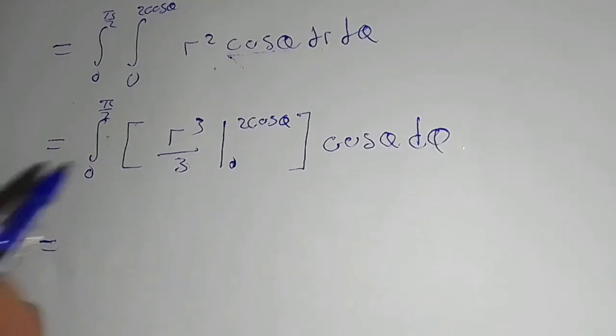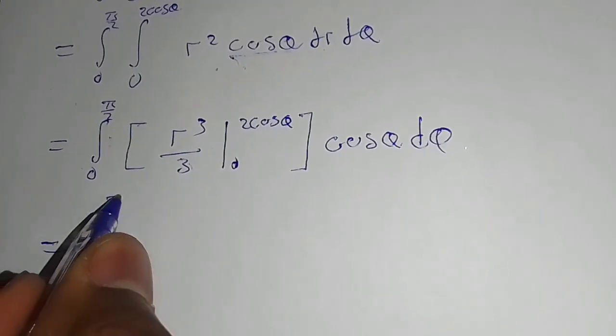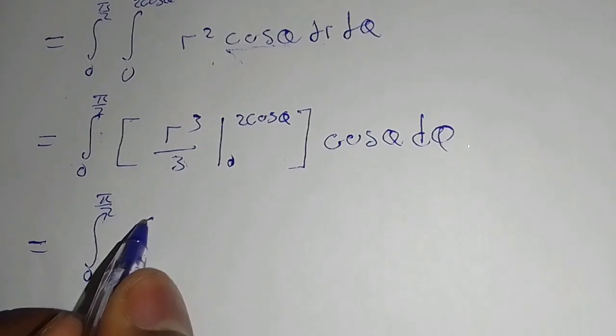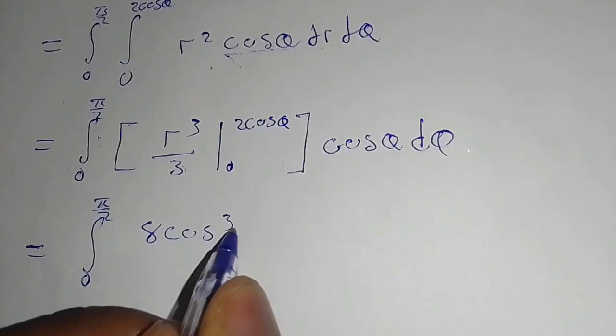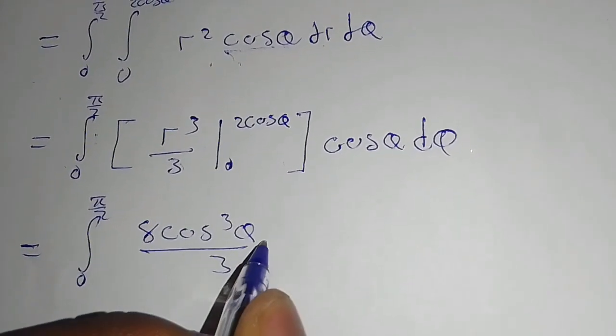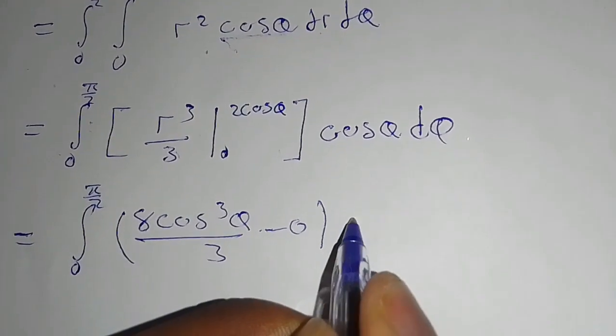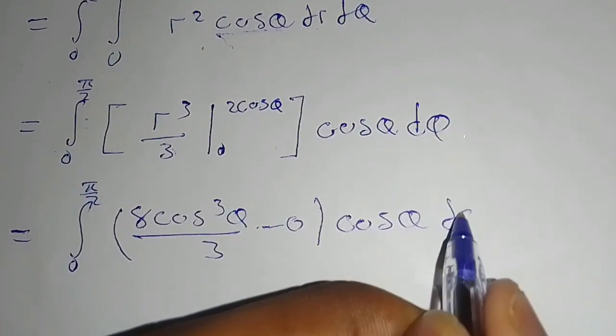Now you're just going to plug in the bounds. Then you have the integral from 0 to pi over 2 of, plug in 2 cos theta. 2 cubed, that's 8. So you have 8 cos cubed theta over 3. Subtract the lower bound, which is just going to be 0 in this case. So you multiply that with cos theta, d theta.